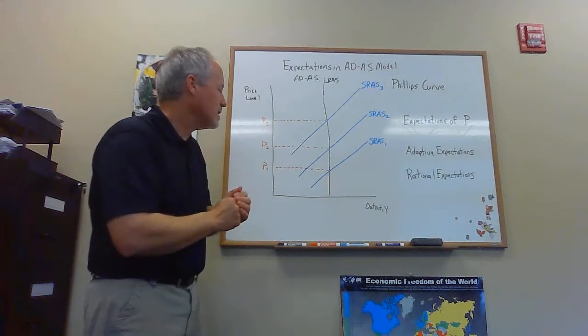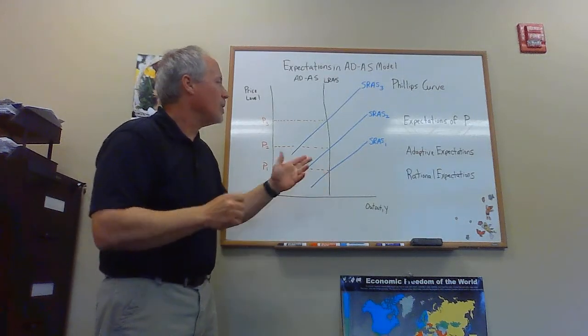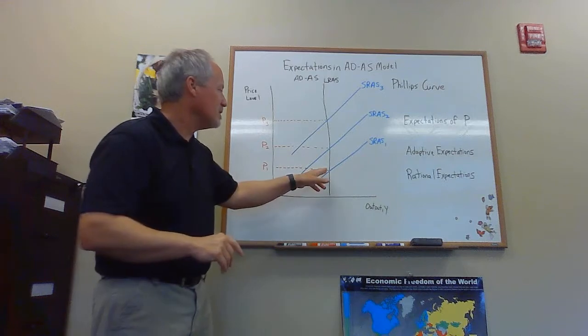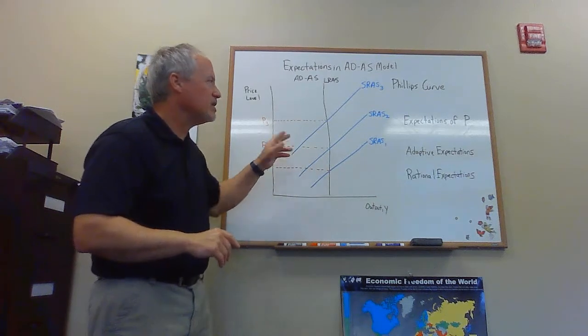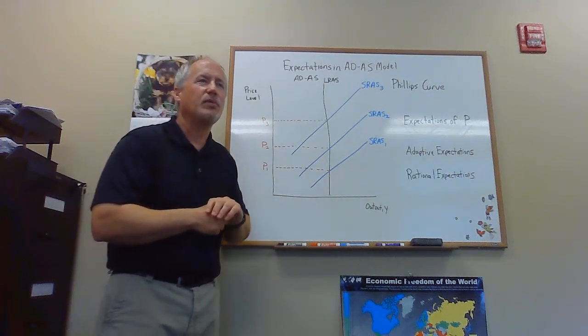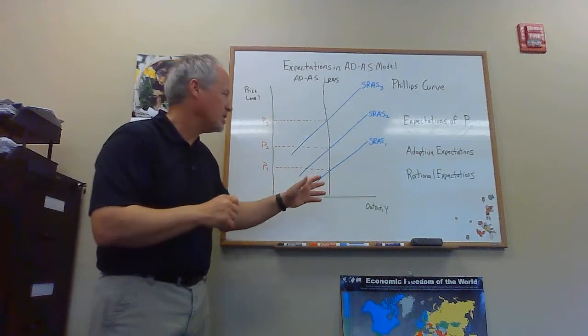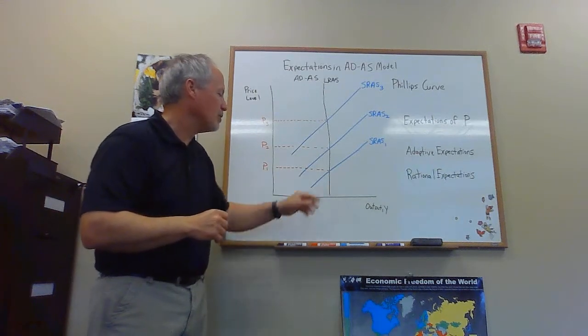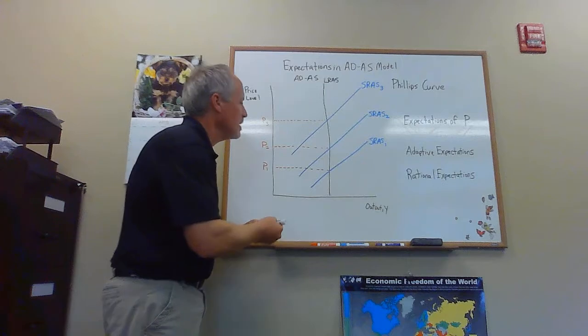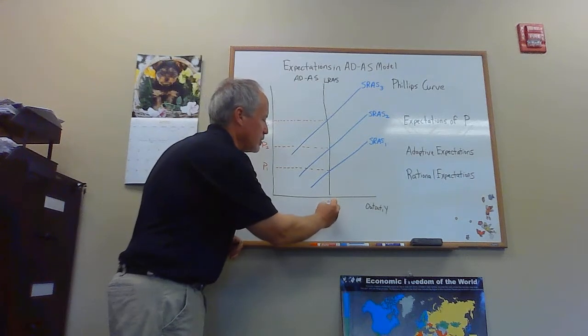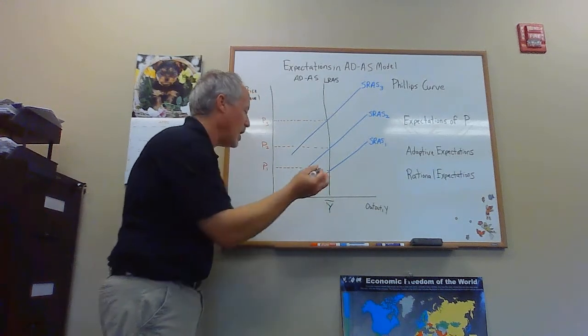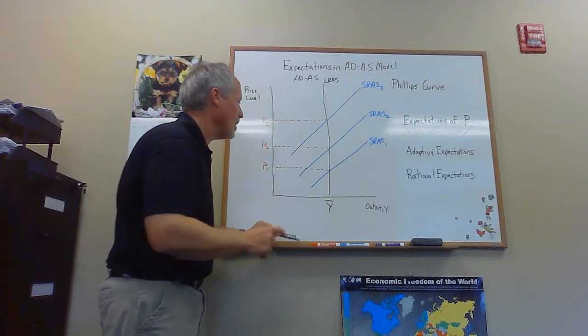And the way to make sense of this is to consider the price level at which each of these different short-run aggregate supply curves intersects the long-run aggregate supply curve, which is drawn here at Y bar, the full employment output level.